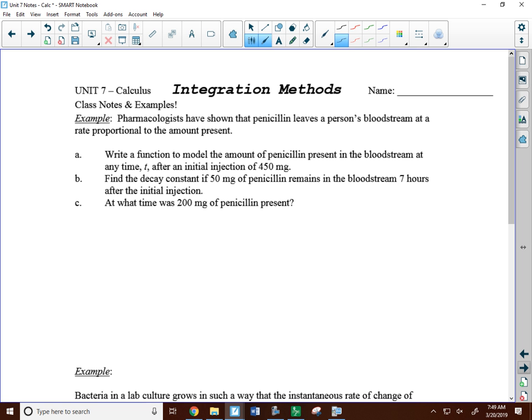So here, it's a similar setup. We got pharmacologists have shown that penicillin leaves a person's bloodstream at a rate proportional to the amount present. So because it says proportional to the amount present, exponential growth or decay. And this is a fact true of most pharmaceutical drugs, even over-the-counter meds like Tylenol or ibuprofen.